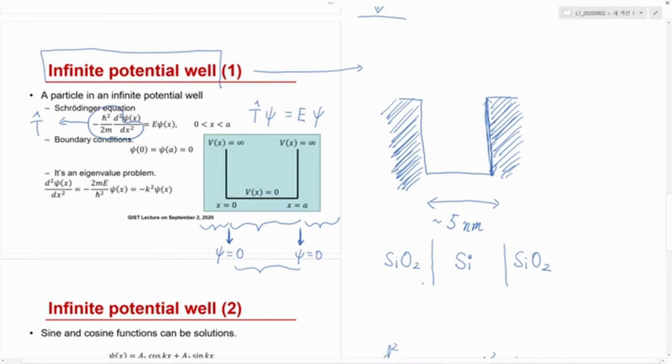And how about the potential barrier between silicon and silicon dioxide? Of course, it is not infinitely high. However, in terms of the conduction band barrier, its value is about 3.9 electron volts. 3.9 electron volts is much larger than our thermal energy. At 300 Kelvin, how large is it? Could you please answer?